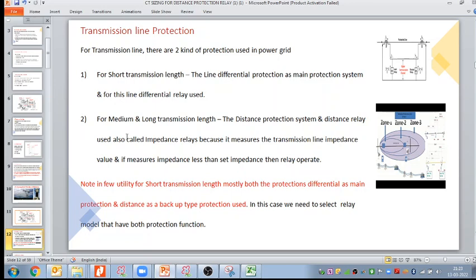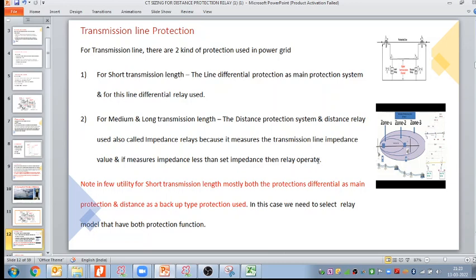Second statement, for medium and long transmission length, the distance protection system and distance relay are used, and this distance relay is called an impedance relay. Why is this called the impedance relay? Because it measures the transmission line impedance value, and if the measured impedance value is less than the set impedance value, then the distance or impedance relay operates.